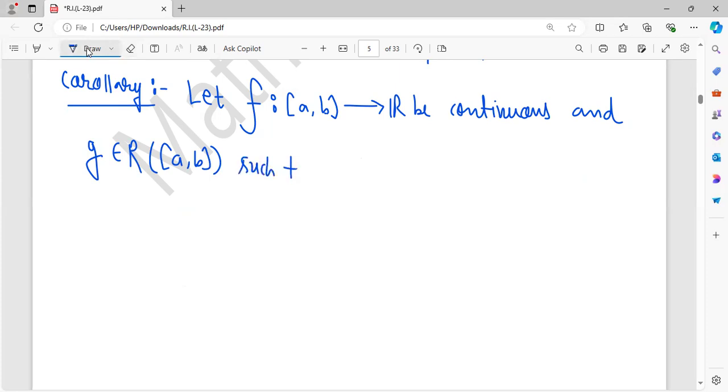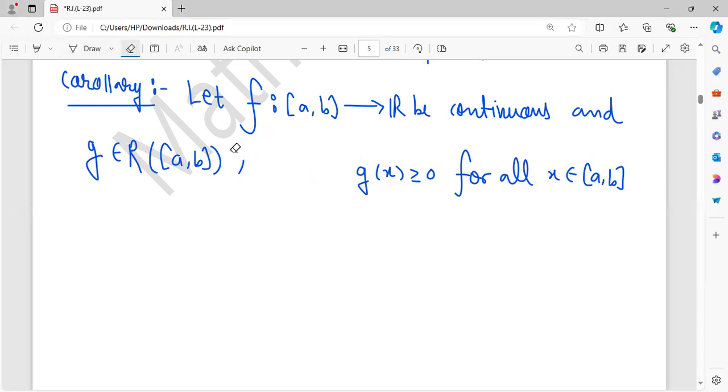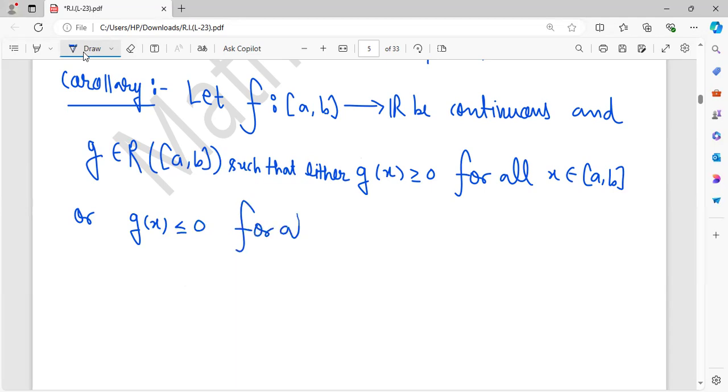Such that either g(x) is greater than or equal to 0 for all x belongs to [a, b], or g(x) is less than or equal to 0 for all x belongs to [a, b].